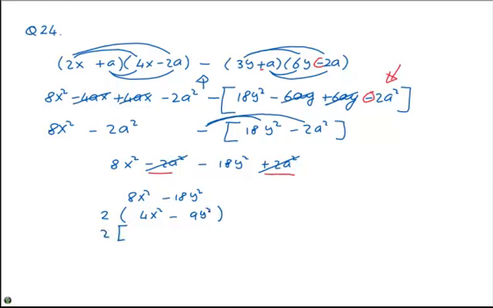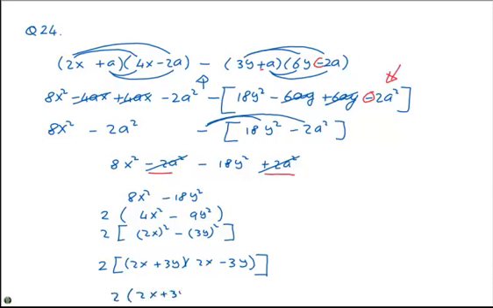I'm going to change that to a square bracket. 2x all squared, 3y all squared, and then it's the difference of two squares, so it'll be 2 multiplied by 2x plus 3y and 2x minus 3y. And at this stage then you could even drop the square brackets because it's all multiplication anyway. So 2, 2x plus 3y, 2x minus 3y.